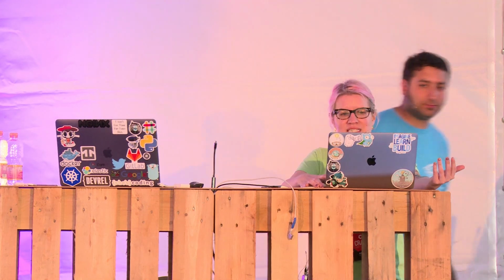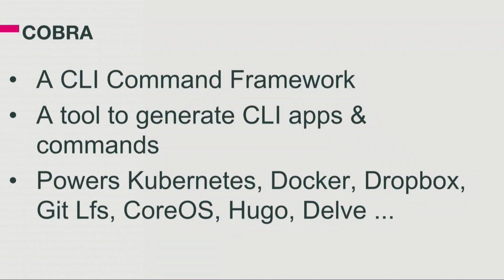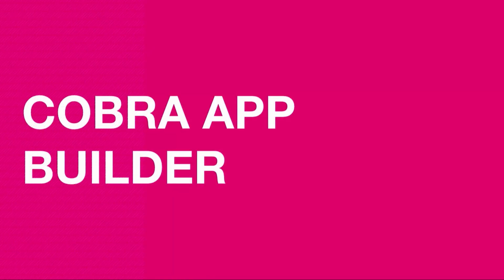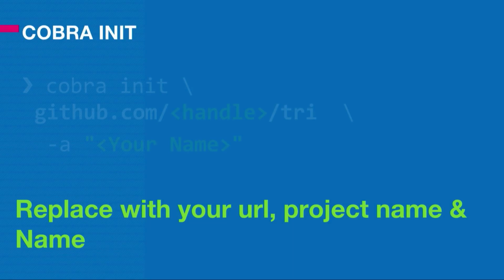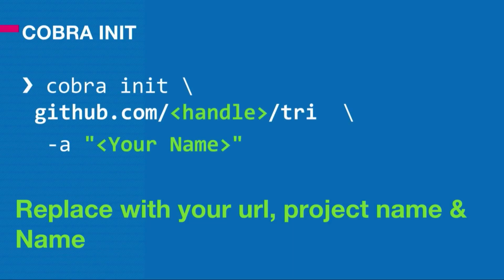So this is where we actually use Cobra. It's giving you the skeleton that you need. Like I said earlier, it's created by Steve, and it powers some pretty heavy hitters. Kubernetes, Docker, Dropbox, super useful. All right, so here's where we're going to get to typing commands.